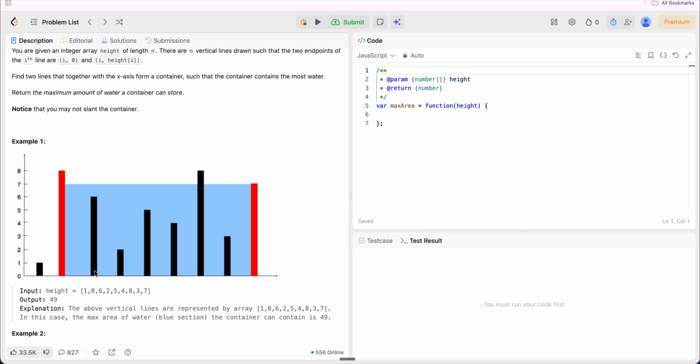So how do I get to know that? Basically I'll take the minimum of the two line heights, which is 1, into the distance between the edges. If we take the indices, let me copy this and give the indices to them.